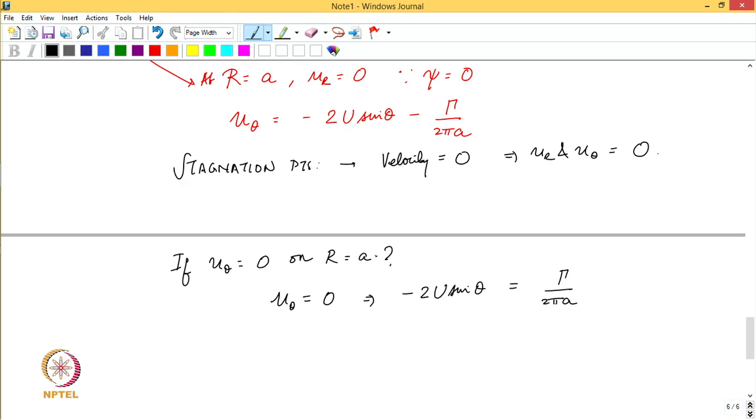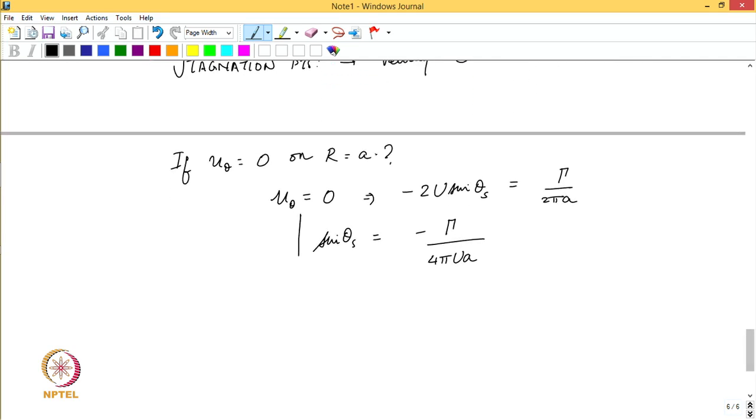All right, which means, let me say theta s is the location of the stagnation point, which is how I am going to represent that value. So, sin theta s corresponding to the stagnation point would be minus gamma by 4 pi u a. That would be the location where the stagnation point will be found. Okay. So, at that theta value.